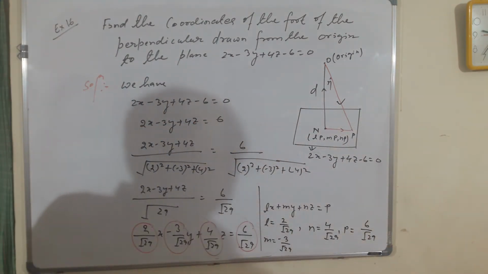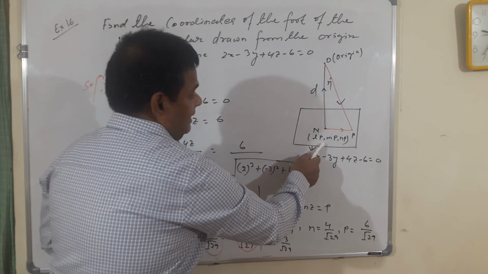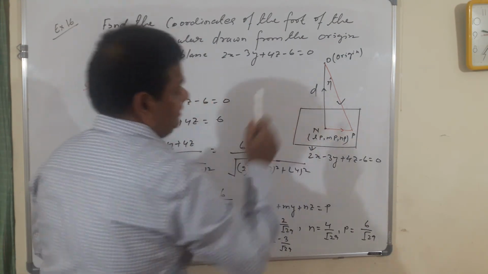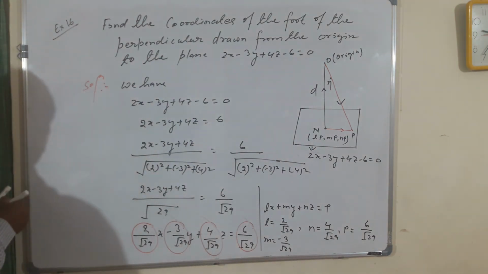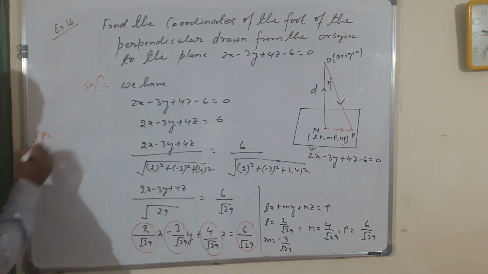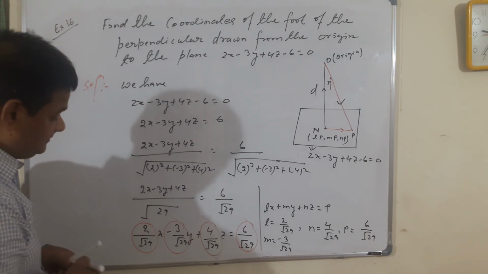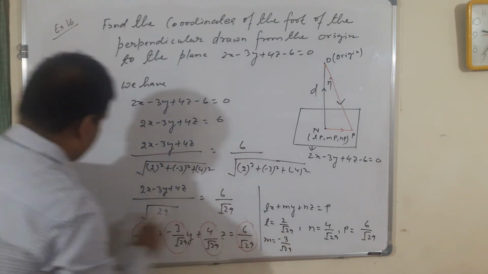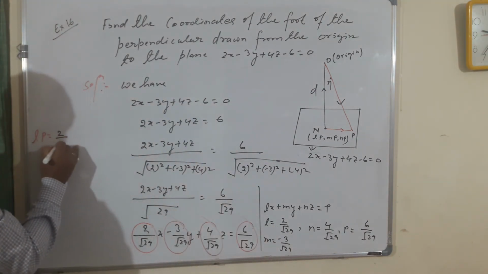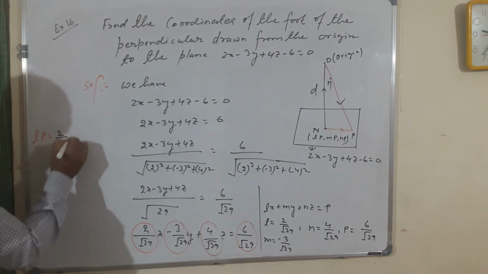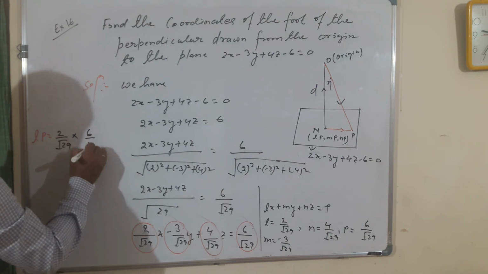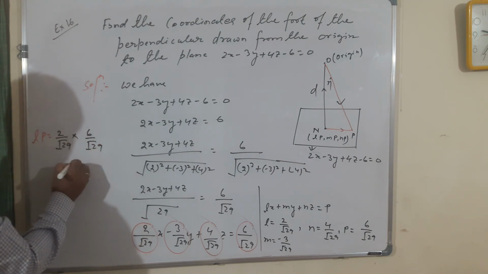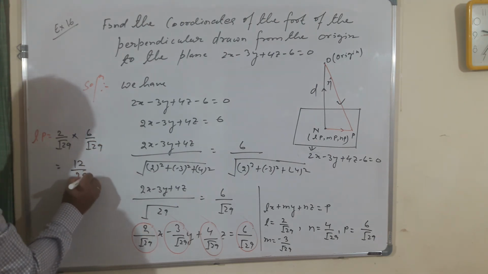Now you have to find the foot of the perpendicular. LP, MP, NP is the foot of the perpendicular. So LP is 2 by root 29 into 6 by root 29, which is 12 by 29.